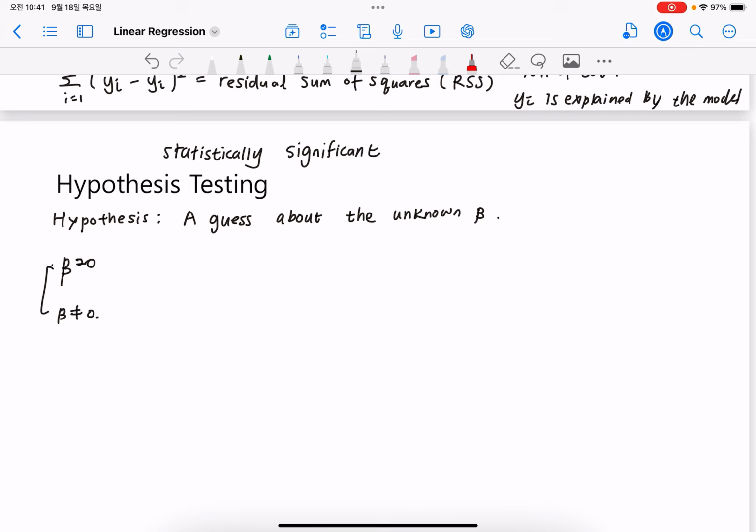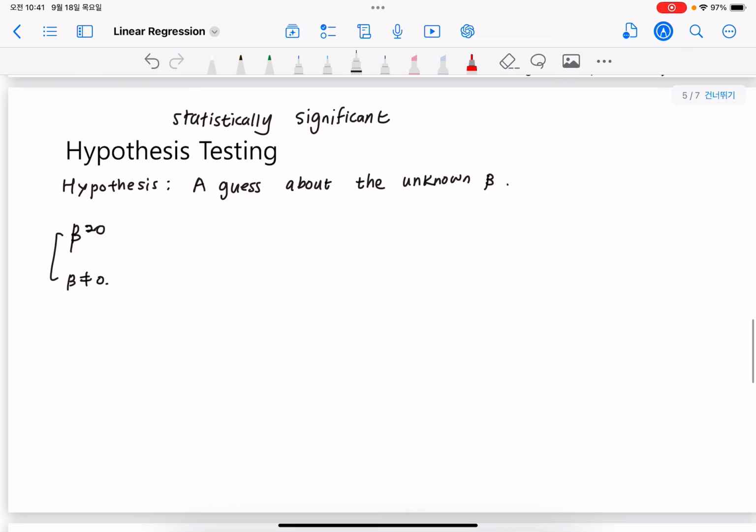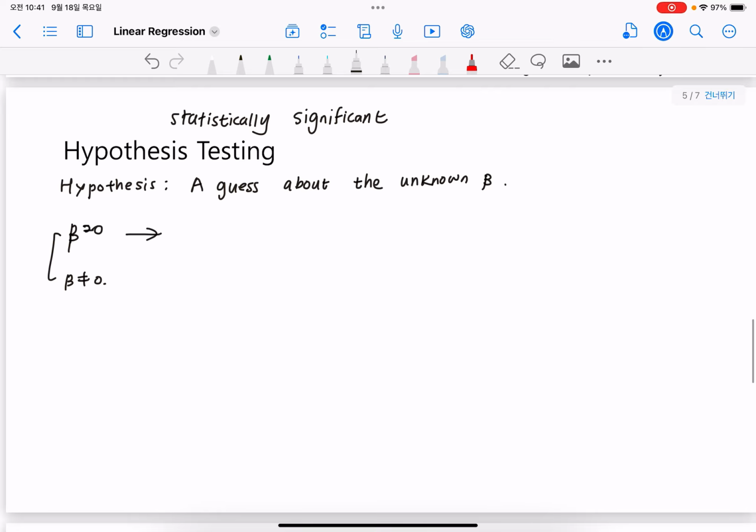If we assume beta is equal to 0, meaning there is no relationship between x and y, then we say that we are establishing what's called a null hypothesis. Null essentially means 0, right? We are saying that there is no relationship.